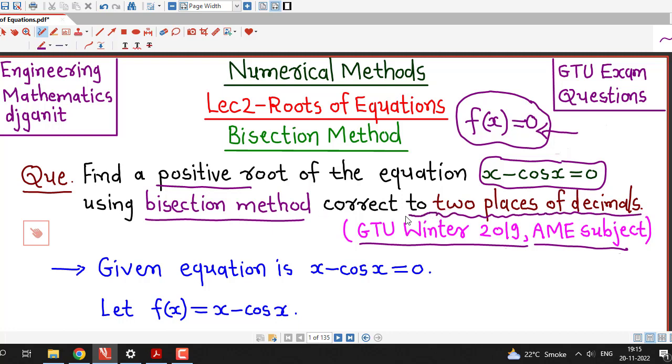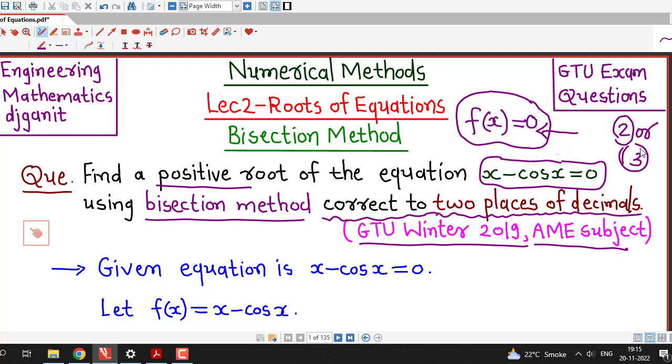Whenever they ask you to find your answer correct up to some decimal places, you can fix your calculator up to the required decimal places or more. Here you are asked to find the root up to 2 decimal places, so you can fix your calculator up to 2 or 3 decimal places, and at each iteration verify your successive answers up to 2 decimal places.